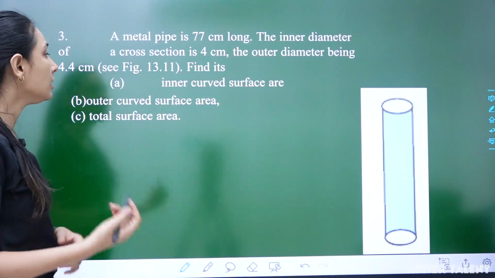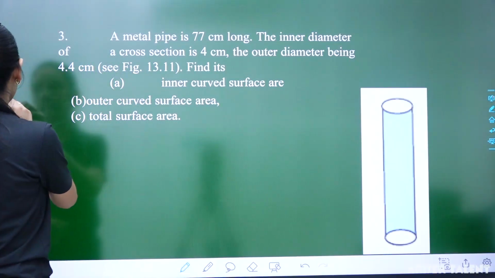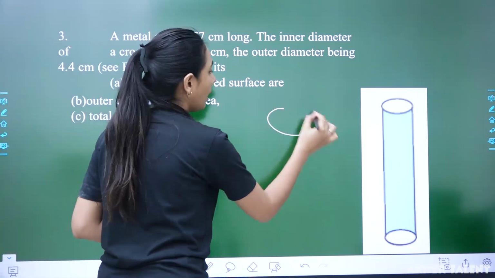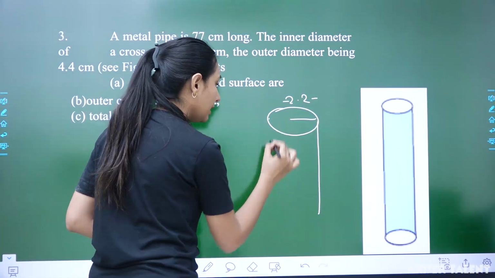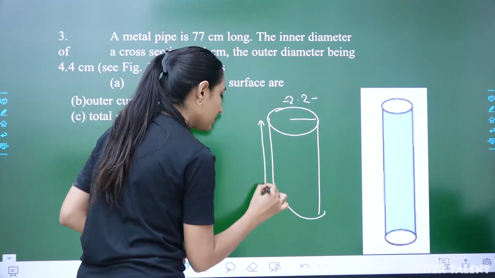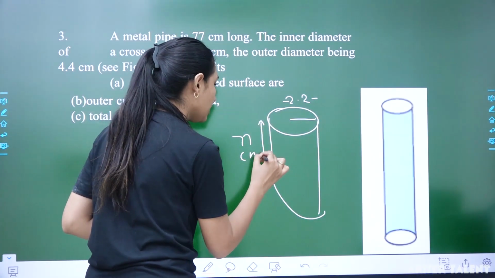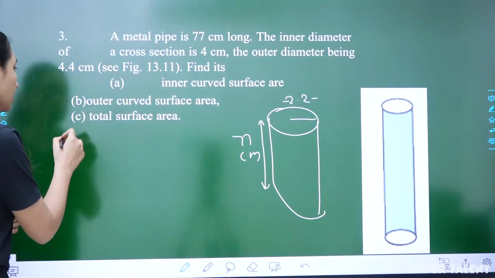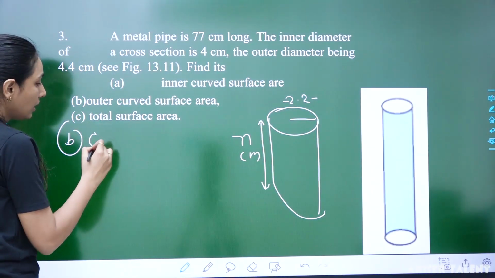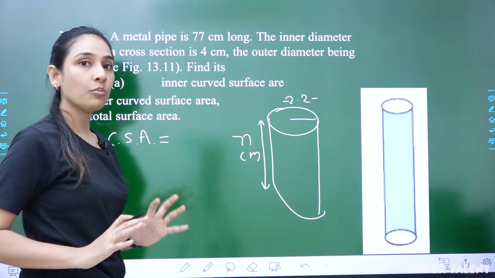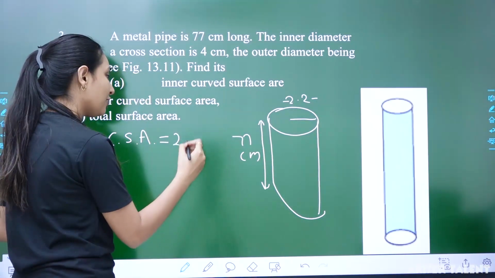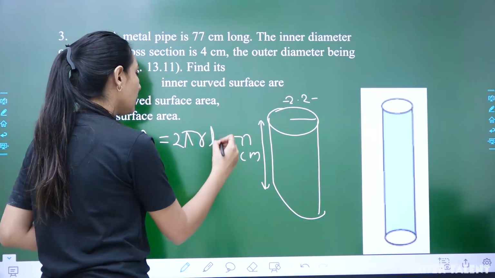Then the outer curved surface area. Outer curved surface area, that was 2.2 centimeters, and that was having this 77 centimeter height. Now the outer curved surface area will be equal to what? The formula will be the same, 2 pi r h.